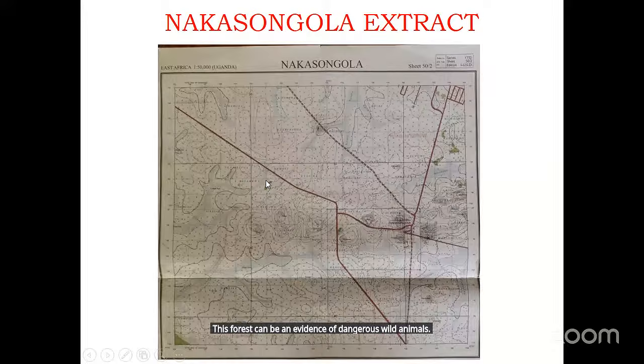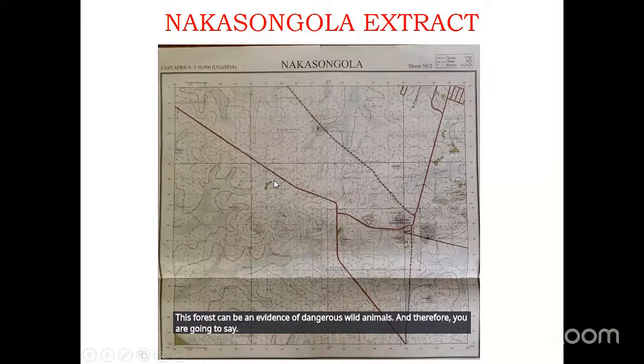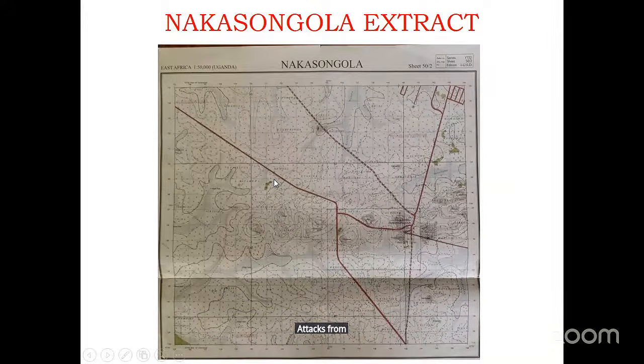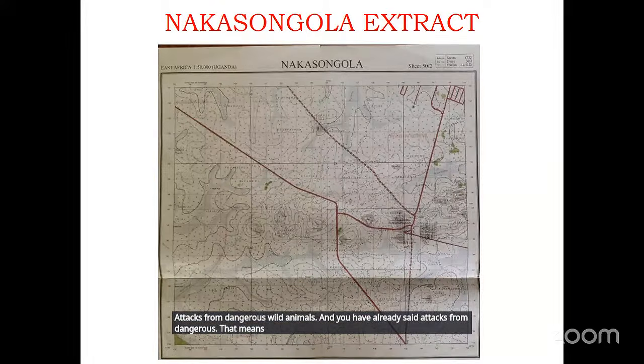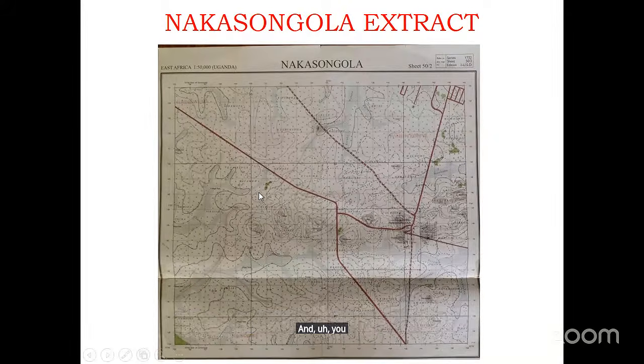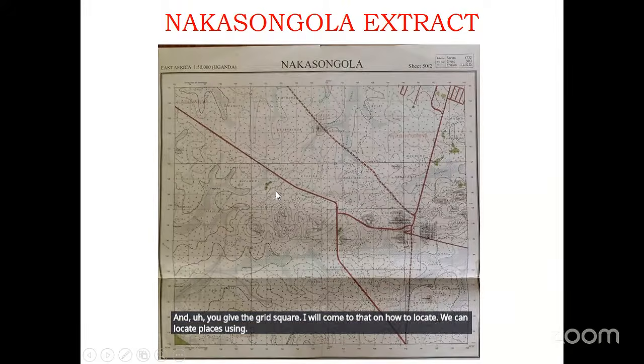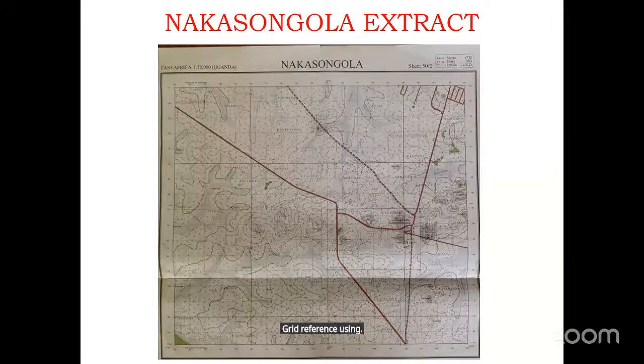And therefore, you are going to say attacks from dangerous wild animals. That means that that is the effect. And you give the grid square. I will come to that on how to locate. We can locate places using grid reference, using place names, and using direction.